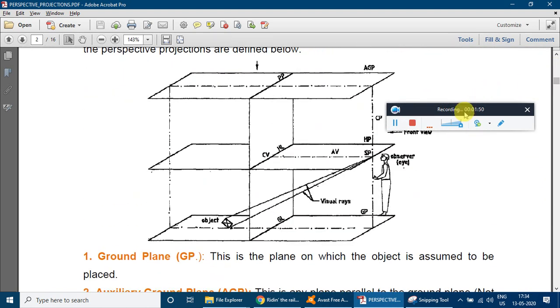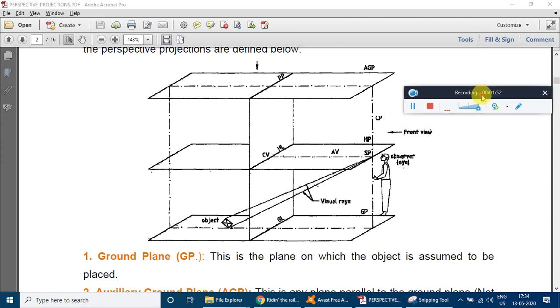This is the most important part, and now I'll be explaining the very basic terms. You can see this is a plane, right? And this plane GP is called the ground plane, where you are supposed to place your object, and GL is the ground line.